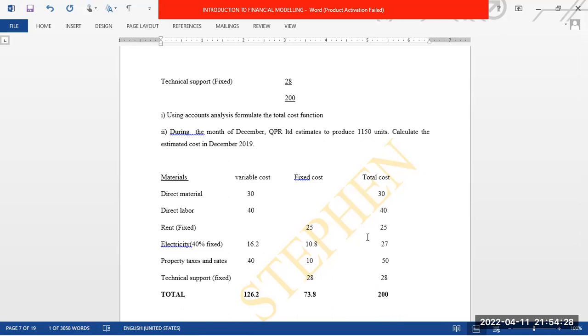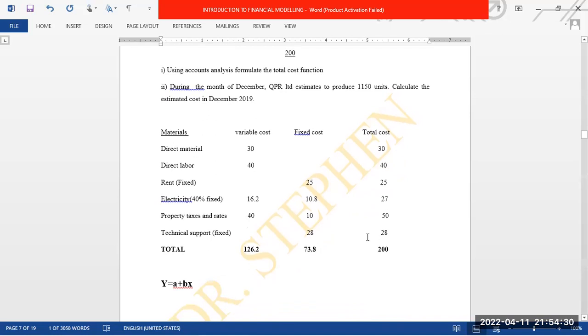So for you to get the cost per unit, you're supposed to divide this by 1000 so that you get the total number of units.